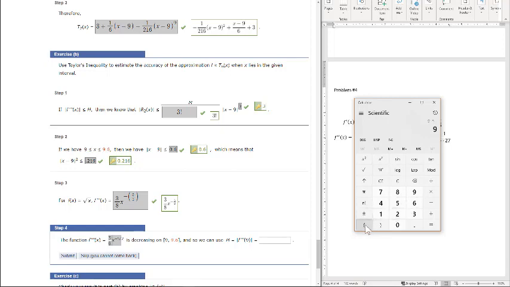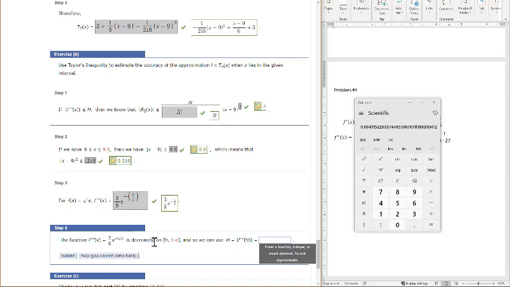Let's put parentheses around here, 5 divided by 2, negative. One of them is a negative. So our value is 0.00. Do not approximate.